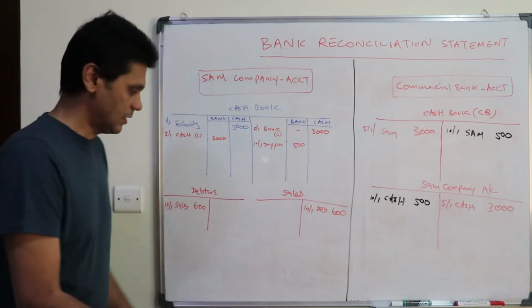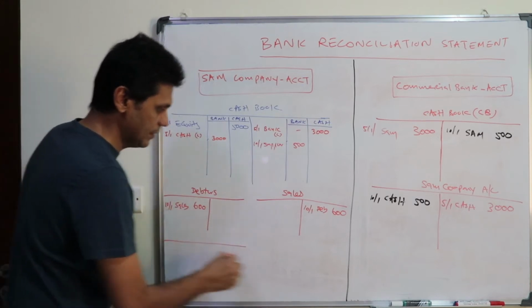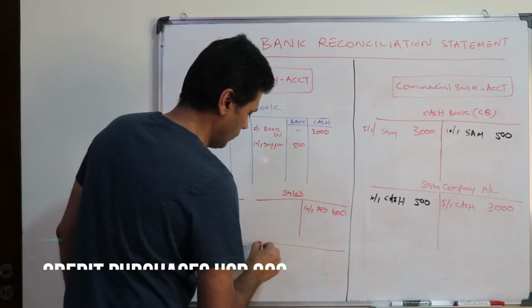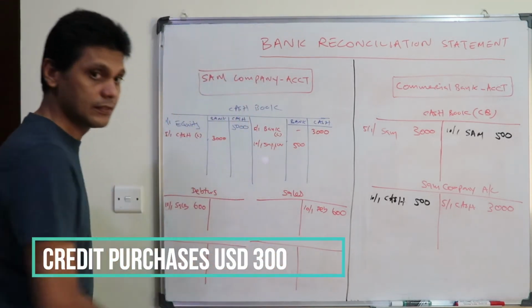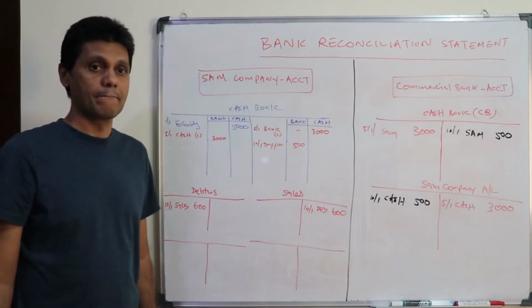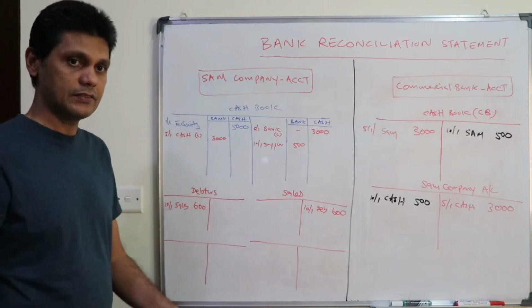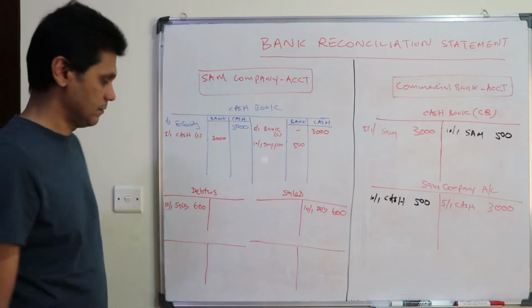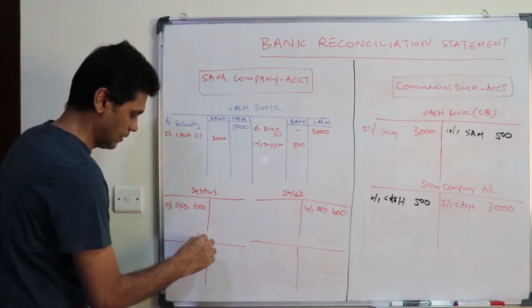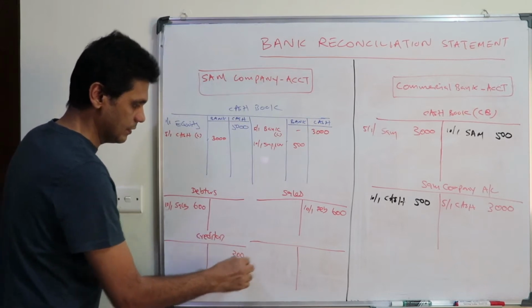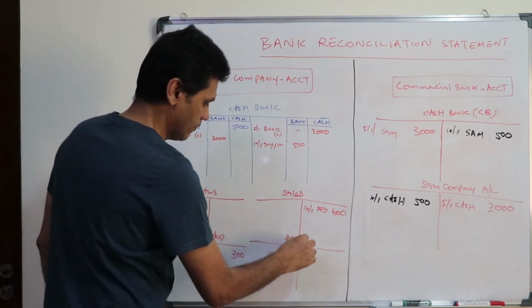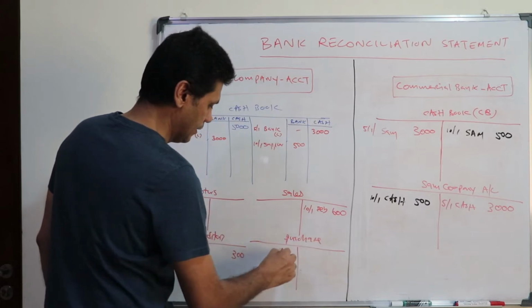There is another transaction. What is that? Credit purchases of $300. How do you record that? Creditors you credit, and purchases account you debit $300.